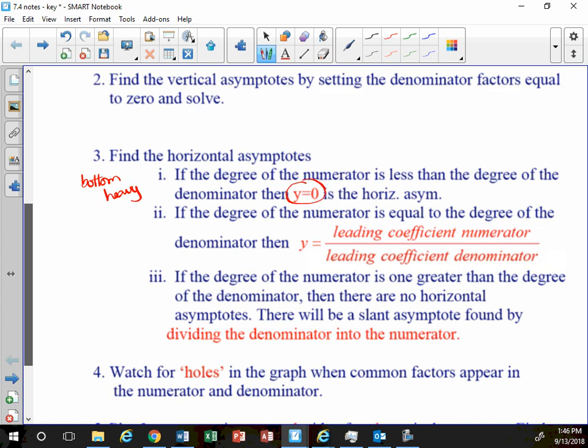If they are equal, you just divide your leading coefficients. And the last one, if it's top heavy, meaning the degree of the numerator is greater, then you have to do division, like synthetic or long division, to find your asymptote, and that ends up being a slant asymptote.